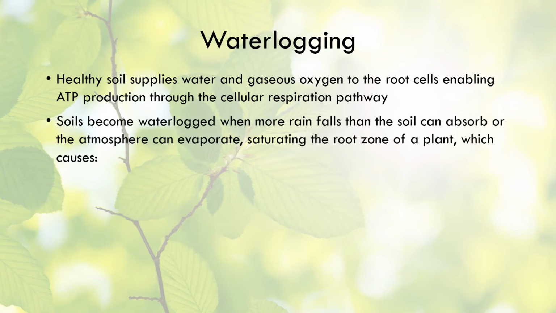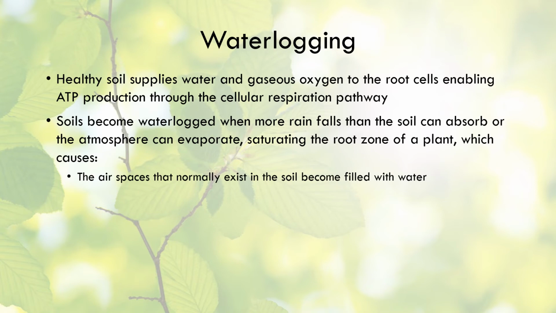If we waterlog the soil, so if we have too much water in the soil and the soil can't absorb that water, then we have an issue and we've saturated the root zone of that plant. That in turn causes any air spaces that would normally exist in the soil to become filled up with water. If the air isn't there, the oxygen content in the soil becomes depleted.